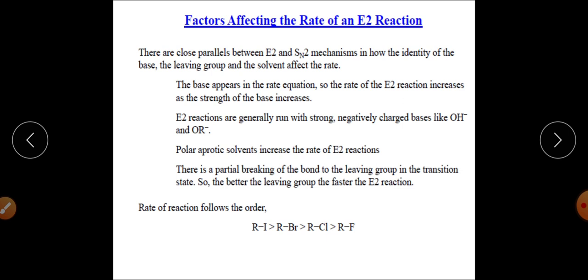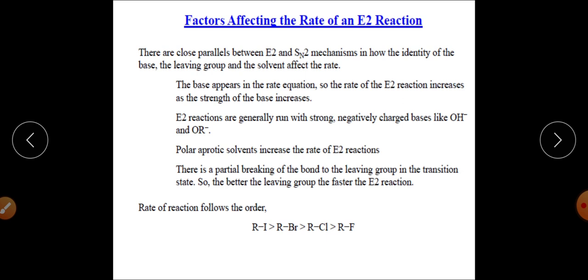Similarly, what kind of solvent we have used and what kind of bases have been used, all these parameters affect the rate of the E2 reaction as well as its stereochemistry.